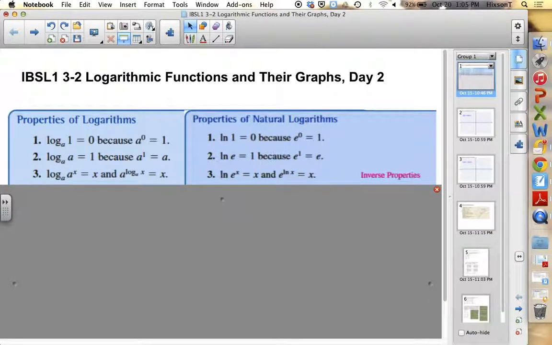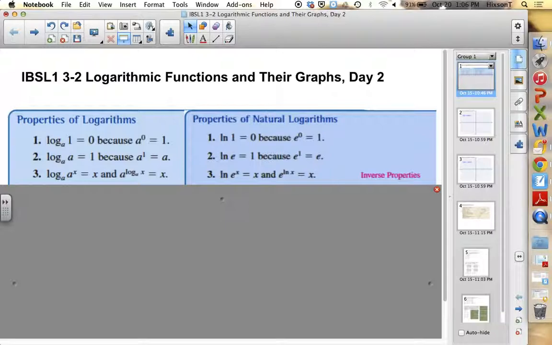Our third one. This one we've kind of used, and this one recognizes the inverse property, okay? The log base a of a to the x equals x. Remember we said a log and an exponential with the same base are inverses of each other.